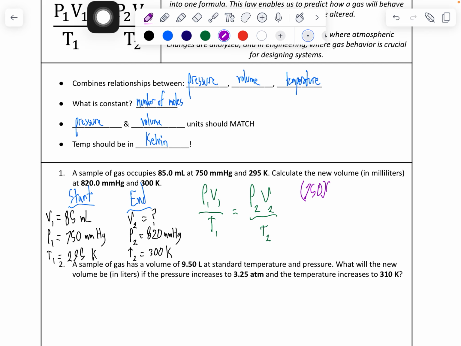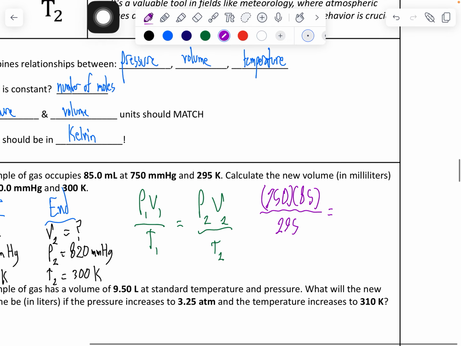The volume is 85. Divide by that temperature, 295. Set that equal to, well, the final pressure, the pressure we're ending with, 820, multiplied by that volume, that's our unknown, we don't know what that is, that's what we're solving for, divide by our temperature, which is 300.